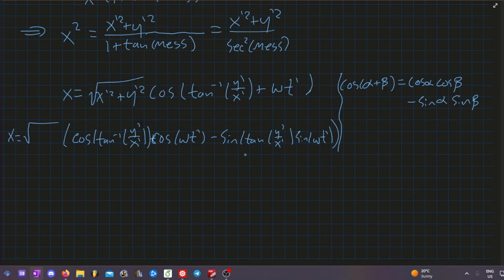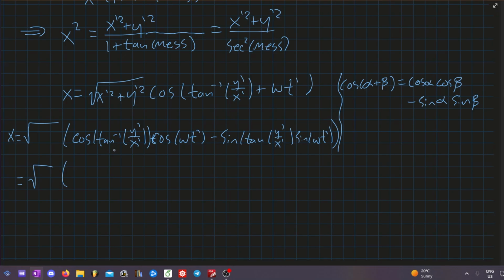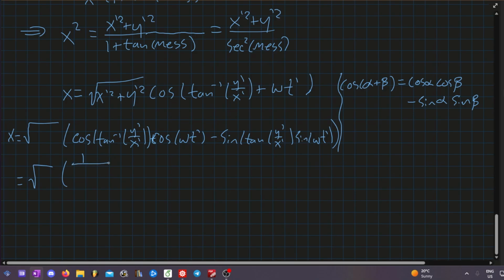Now the cos of the inverse tan is going to give us something like this. This is another trig identity that you can just look up. Cos of inverse tan of y prime over x prime is going to be 1 over the square root of y prime squared over x prime squared plus 1.